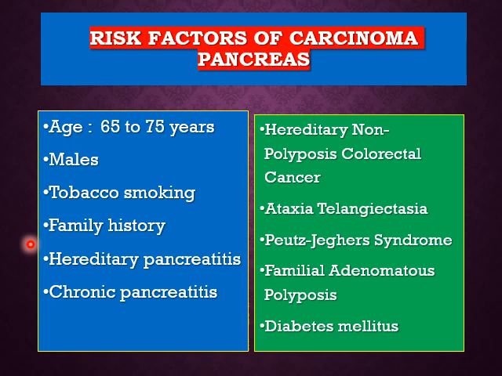Hereditary pancreatitis, chronic pancreatitis also in the long term predisposes to cancer of the pancreas. Hereditary non-polyposis colorectal cancer, ataxia telangiectasia, Peutz-Jeghers syndrome, familial adenomatous polyposis, and diabetes mellitus. Okay, these are some of the risk factors for the development of pancreatic cancer.